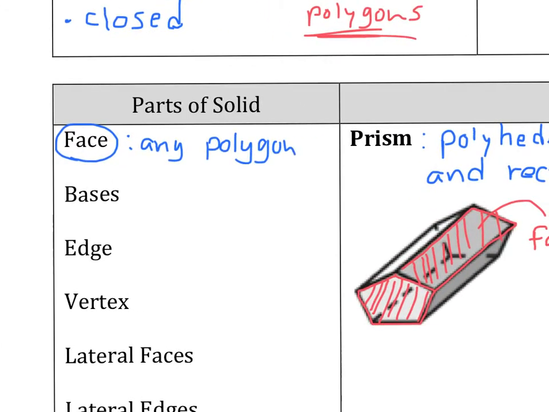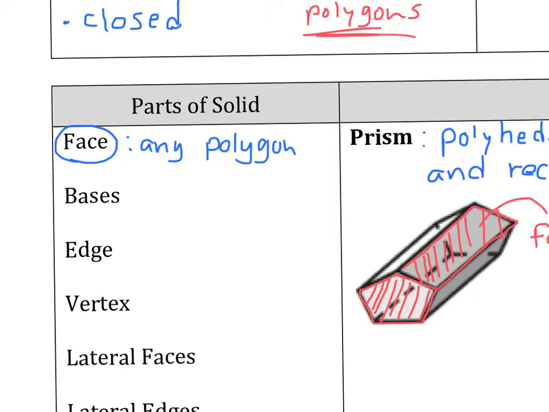Now a base. Prisms always have two bases. They are congruent, they are parallel, and they are faces.